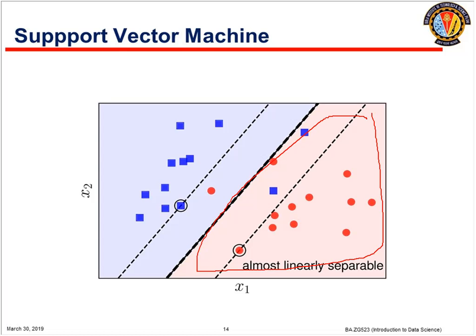Similarly, the probability that it will fall into this blue region, and that it is actually blue, will be much higher.